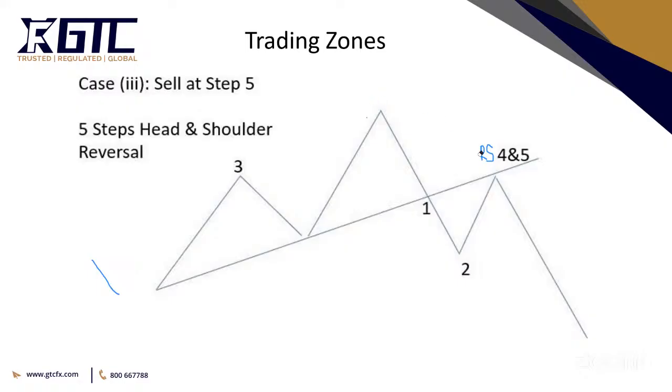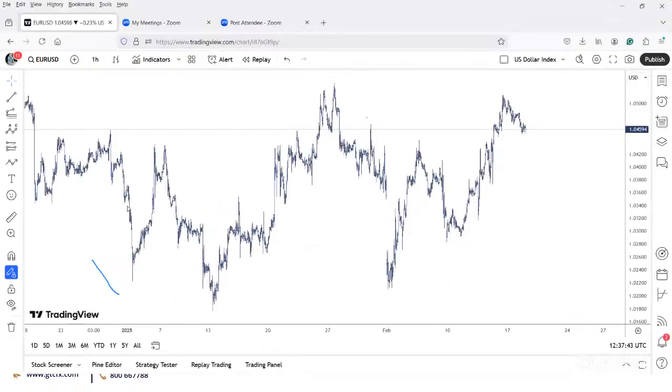I hope that this 5-step reversal process is clear. If it is, you can confirm, and let me see if I can bring up a chart, because this has happened just a while back, and we have traded that. It's not going to be any difficulty to find that reversal. Just a moment, please.